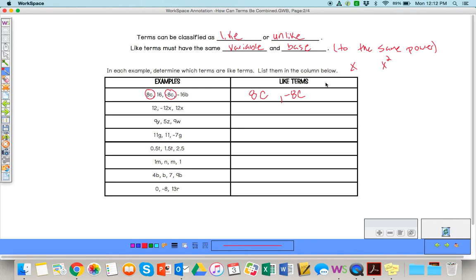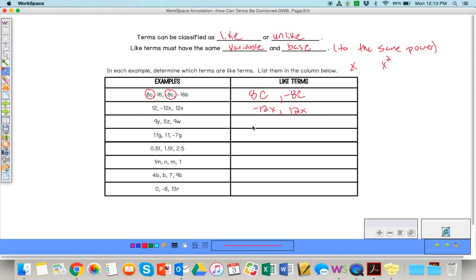That has nothing to do with whether or not it's a like term. Is the letter the same? Okay. So in this particular one, 8c and -8c both had a c on it. That makes it a like term. Okay. In this one, we have -12x and we have 12x. Okay. Again, the number doesn't matter, it's the letter.